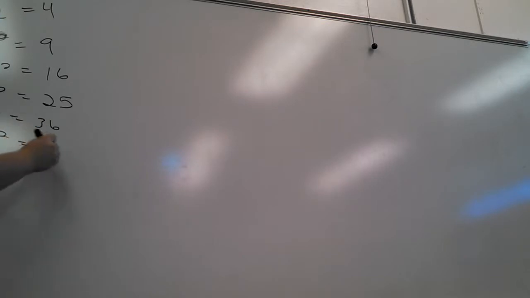A really good idea going into this section is just to take a second and make a list of squares. 2 squared is 4, 3 squared is 9, 4 squared is 16, 5 squared, 6 squared, 7 squared, right? So you should know at least up to 12.